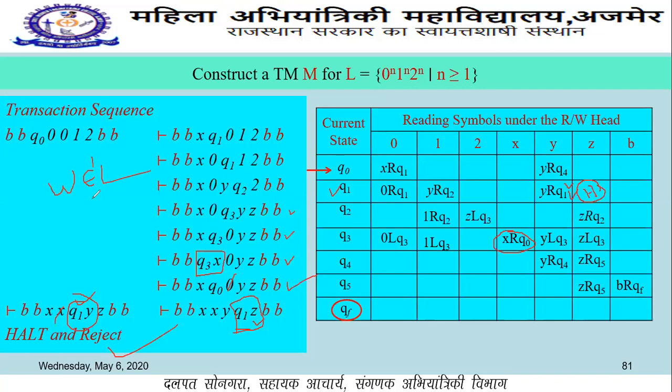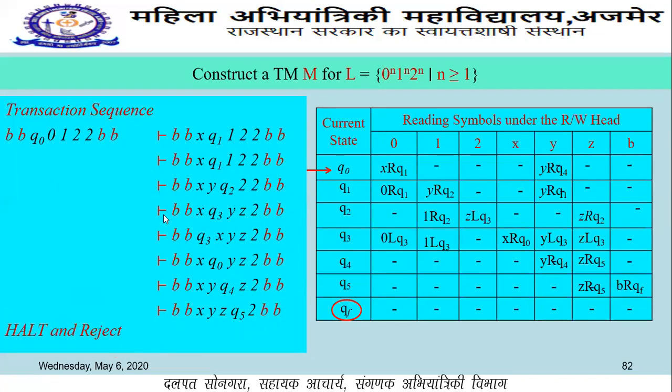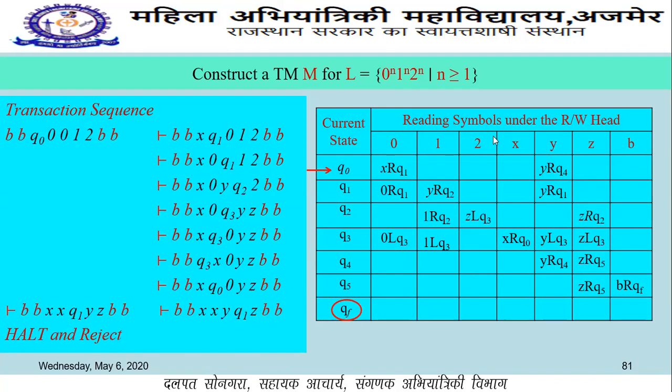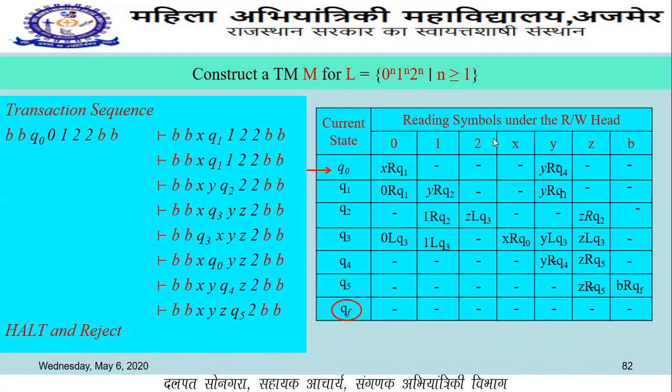For this same case we have another example. Look at this situation. This is the string w, which also does not belong to L, because in this there is also no equal number of zeros, 1s and 2s.